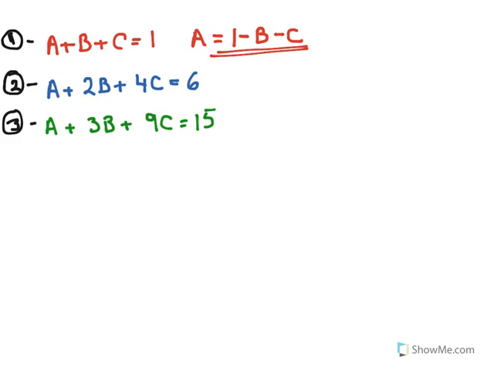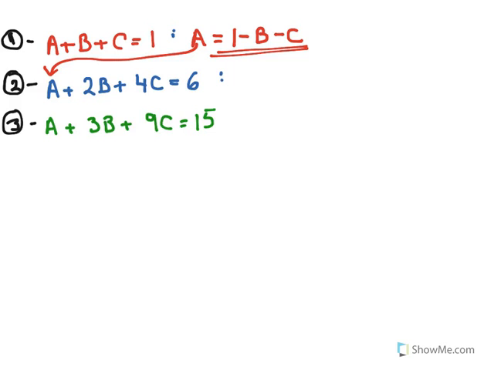So in equation 2, whenever we see a, we will substitute it with the value that we have now. We know that a equals 1 minus b minus c, so we're just going to rearrange equation 2. Up here we rearranged equation 1. Now we're going to rearrange equation 2.